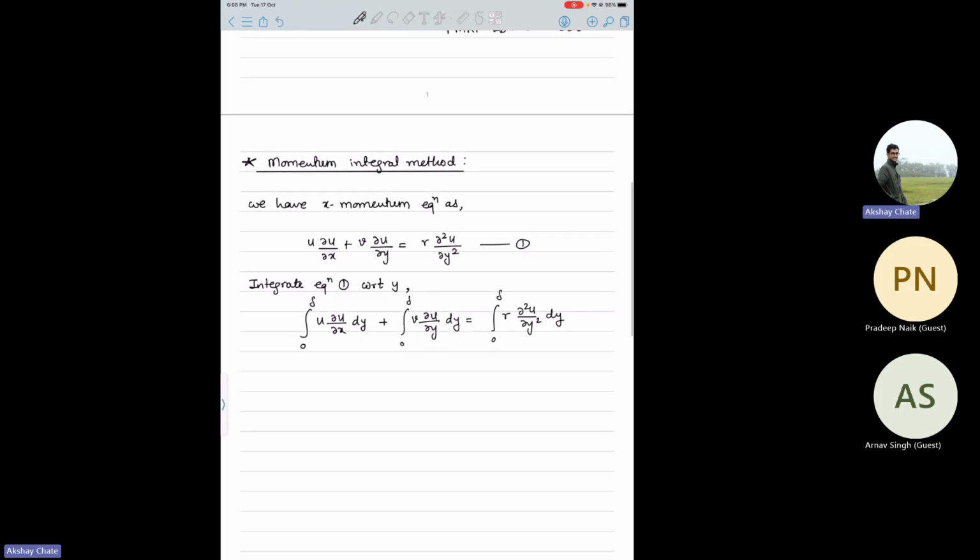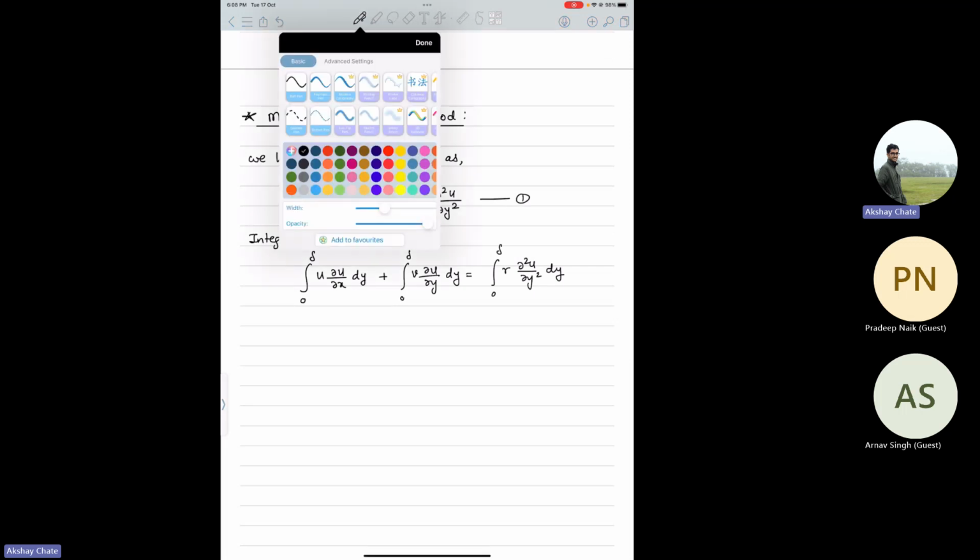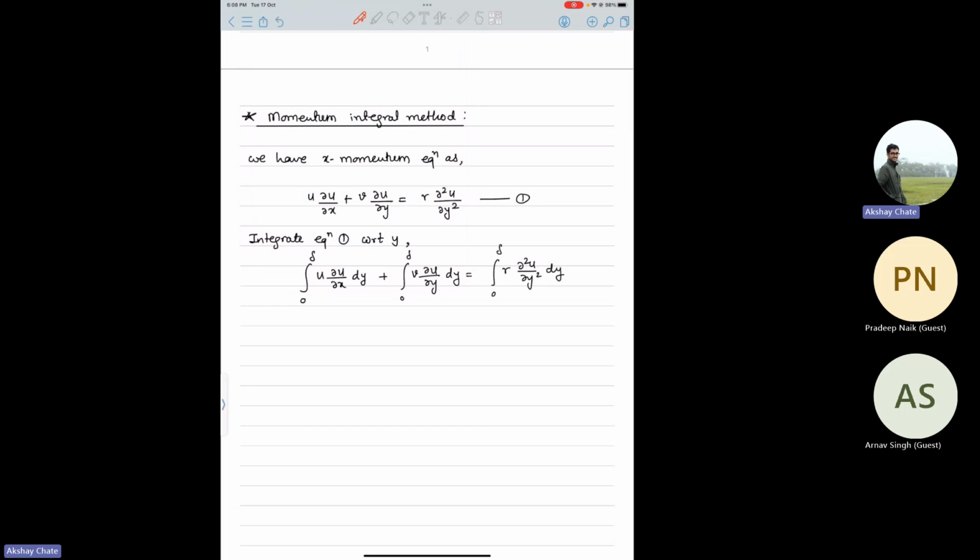Now you have three terms: this is your first term, this is your second term, and this is your third term. So basically we manipulate these terms.